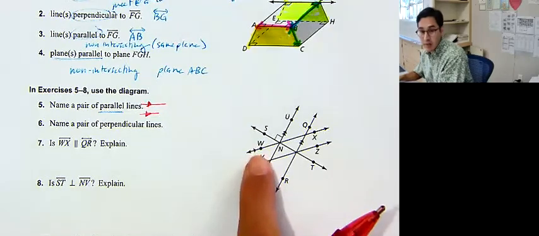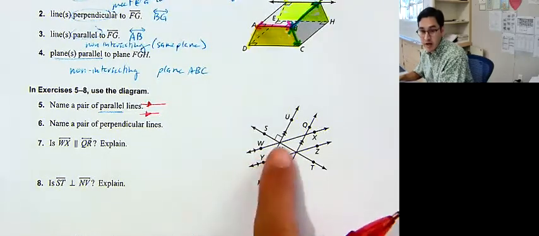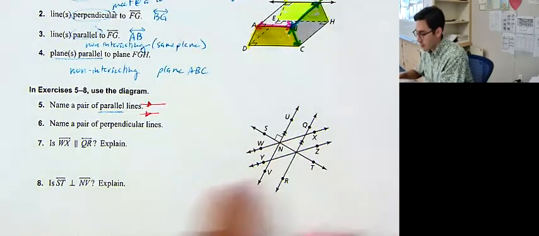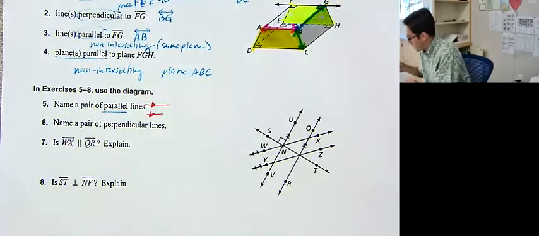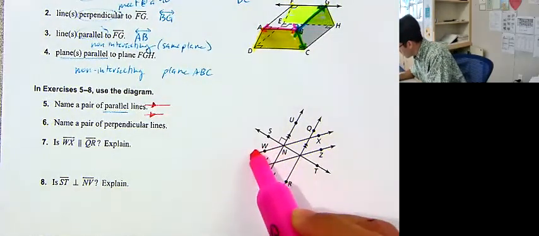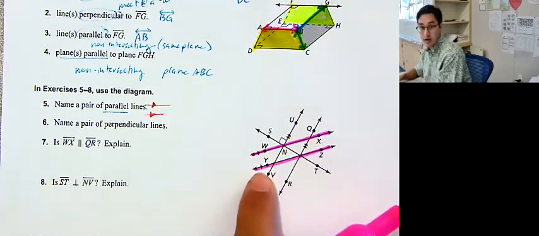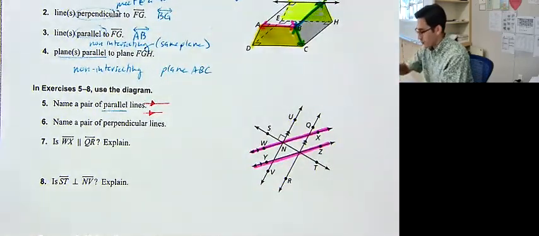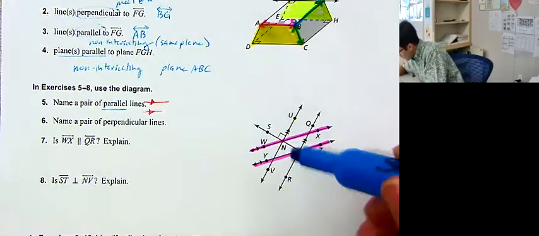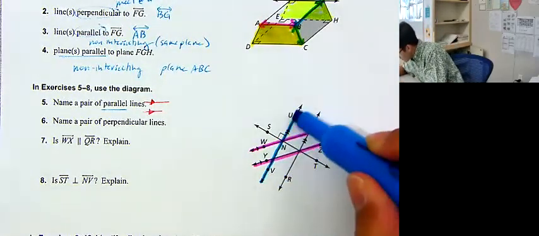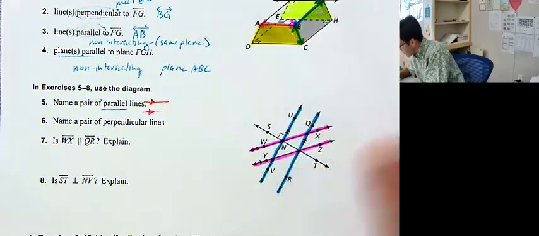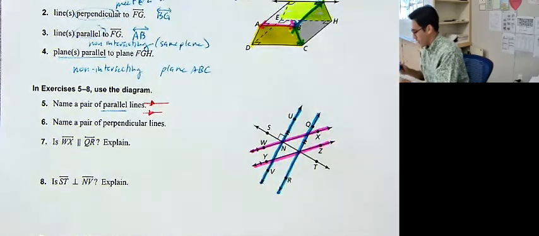There's a pair of single arrows here and a pair of double arrows there. So I'll highlight the lines. These two lines both contain a single arrow, so we know they're parallel. And these two lines both contain the double arrow, so we know they're parallel to each other.